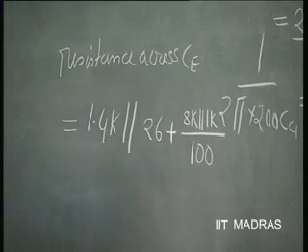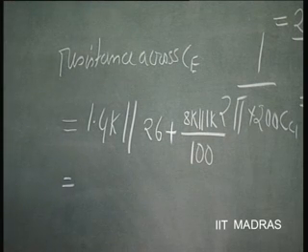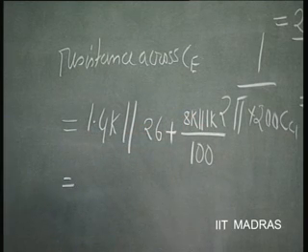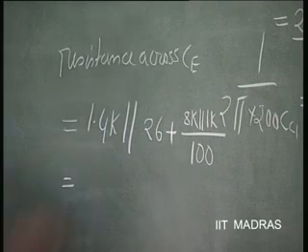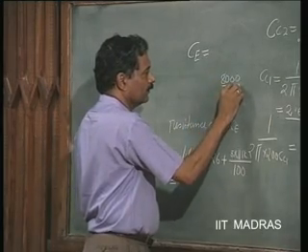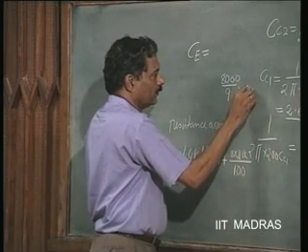So, this is going to be equal to, in fact, this resistance 8K parallel 1K is 8 by 9K, that divided by 100. So, 8 by 9K, about 900 ohms.